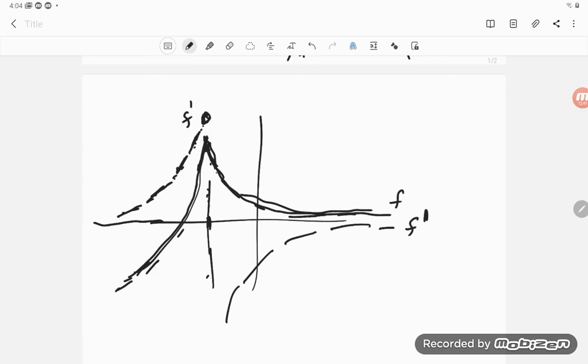It could be that f double prime is a straight line. It could be that it looks a lot like f prime. It could be that it itself is actually concave down. I'm not real sure, but I'll just do little dots, and we'll do something like this for f double prime.